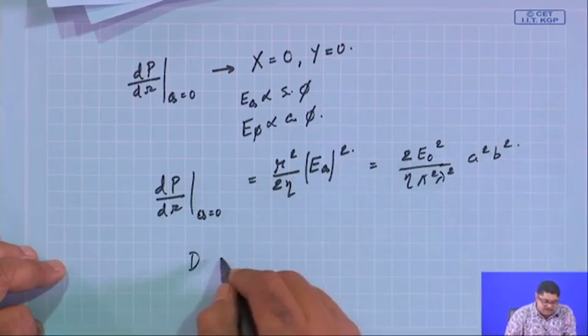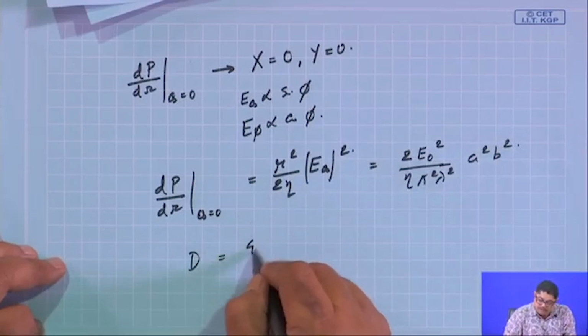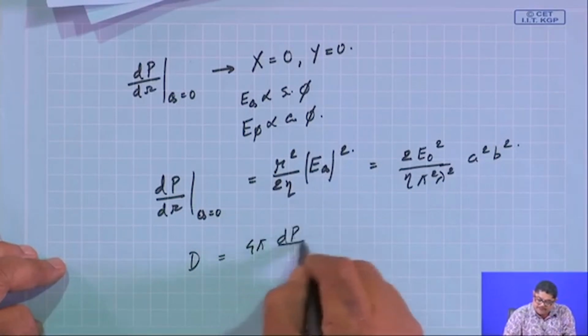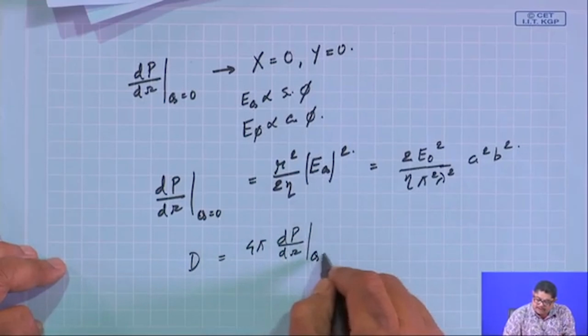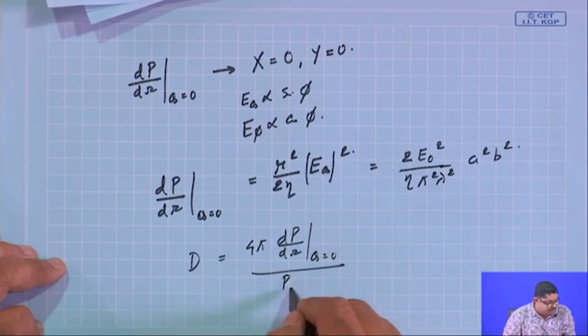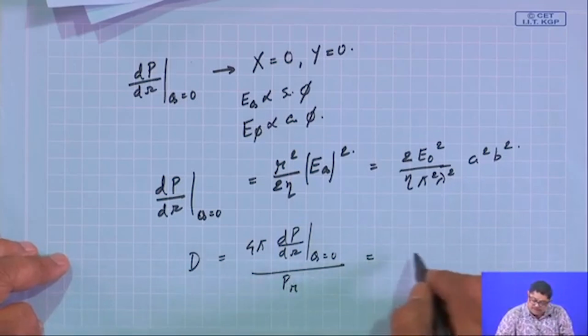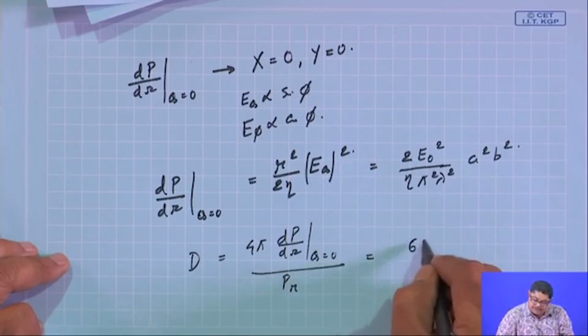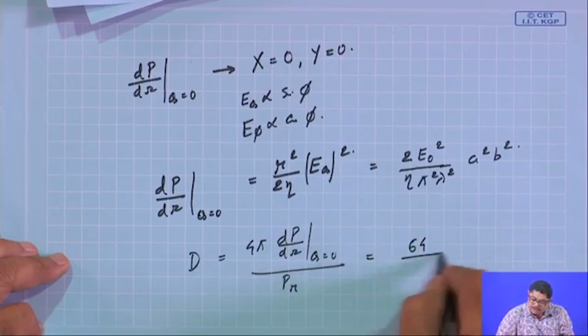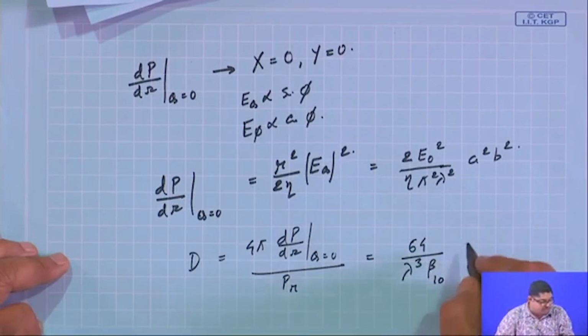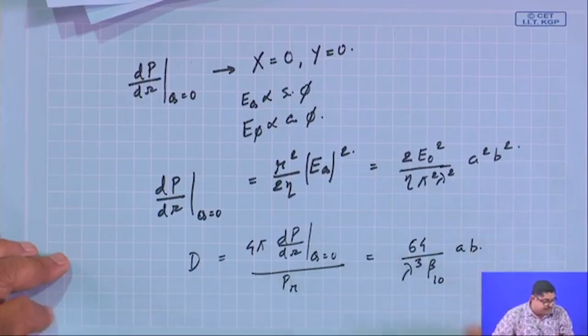So directivity will be 4 pi dP d omega at theta 0 by PR. If you put that, you will get 64 by lambda cube beta 10 AB.